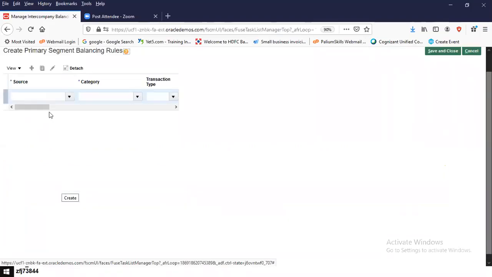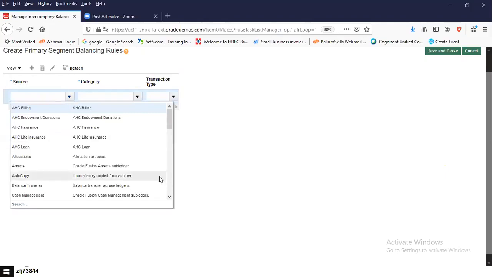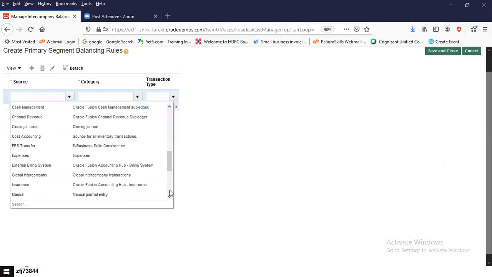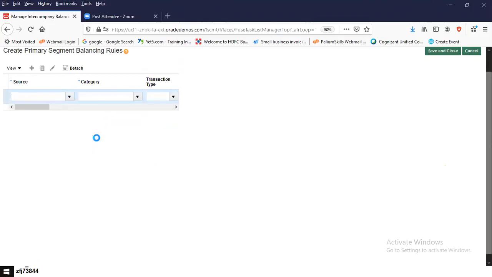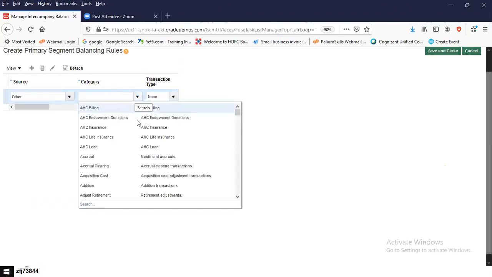Okay, where in the primary balancing segment we are specifying if the source is others and the category is also others.